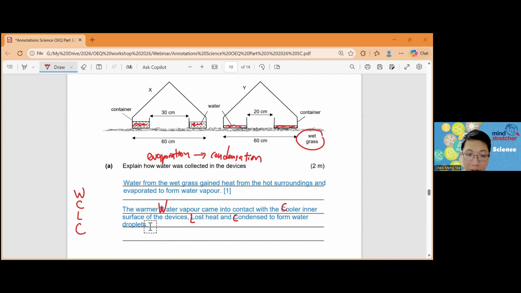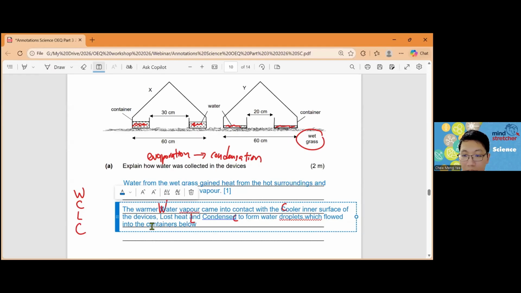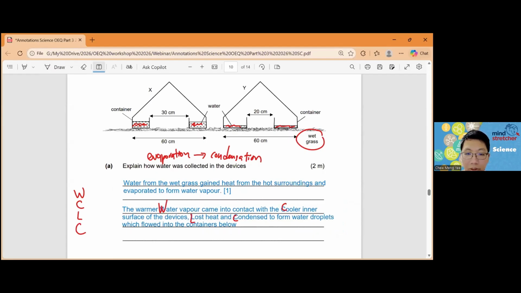All right? So you must complete the story. So they condense to form water droplets, which flow into the containers below. Yeah, that's okay.